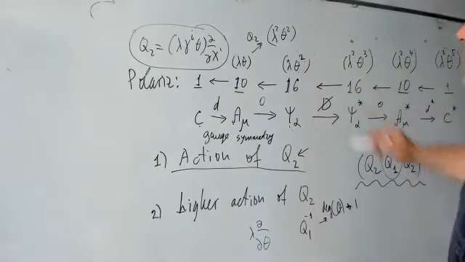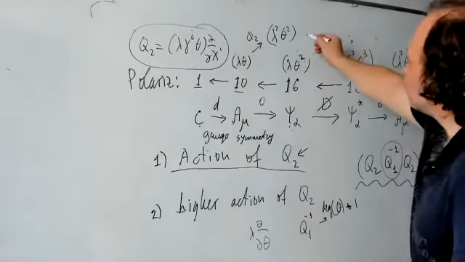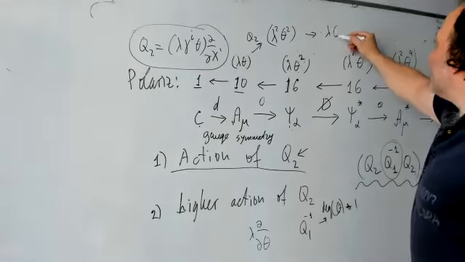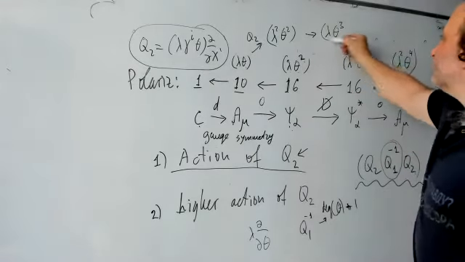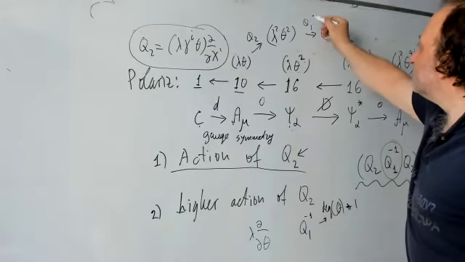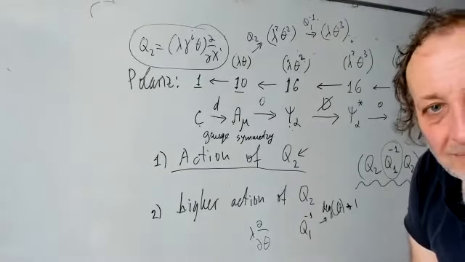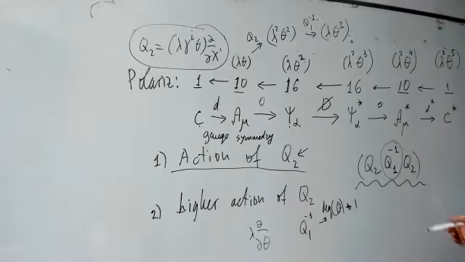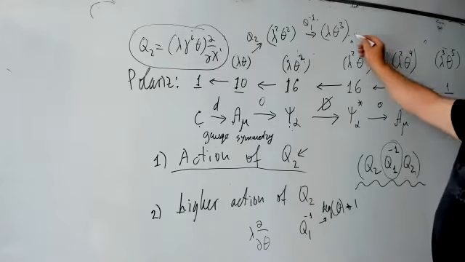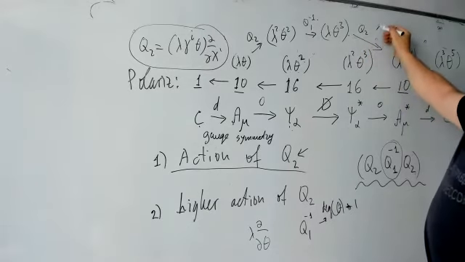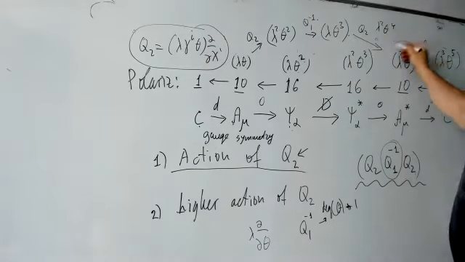So from this place, I go to something that is lambda theta cube. And then I apply Q2 again. Now it grows power of lambda and it grows power of theta. So I land exactly here.